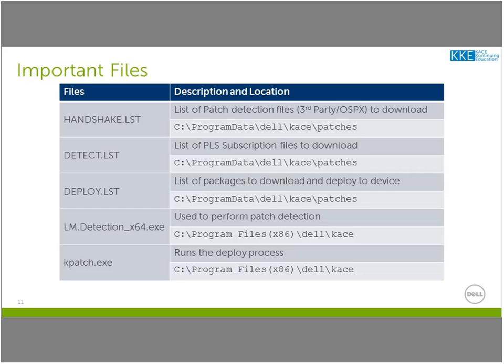So it takes the detect.lst, downloads the right PLS files, and then the exe will run to perform the detect of those PLS files, which patches are actually needed by the device. And then the kpatch.exe runs the patch deployment process. Okay, lm_detection_x64 runs the detection, and kpatch.exe runs the deployment. Okay?